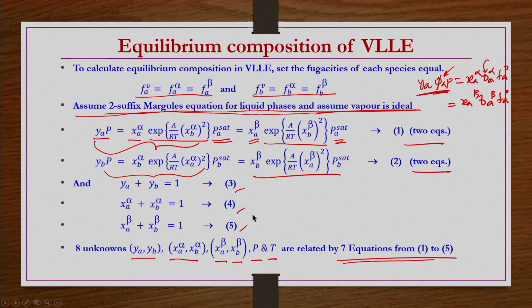2 and 2, 4 here, and then 5, 6, 7 equations, right. Now, even for liquid equilibrium we have seen, when there is no YAP part, only the liquid equilibrium part is there, that solving this calculation is very tough, right. We have several methodologies, numerical approaches, that can be used to solve these problems.